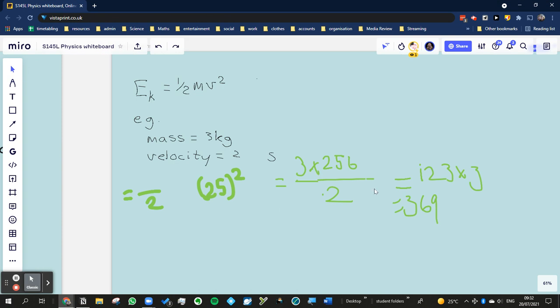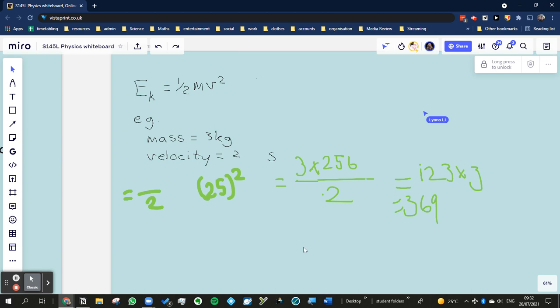Right, this doesn't look like it's right to me actually. If you do 25 squared on a calculator, and you can use your calculator in this exam, 25 squared is actually 625.